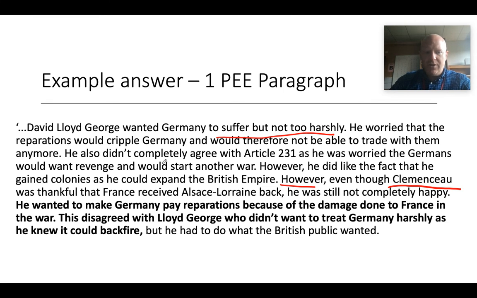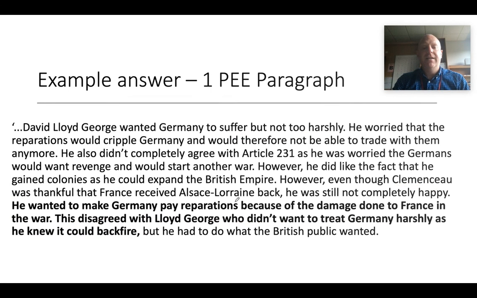And then we start talking about the fact this disagreed with Lloyd George, who didn't want to treat Germany harshly as he knew it would backfire. Okay, so we're talking about what Clemenceau wanted and a direct disagreement with somebody there. So we are talking about a direct link to the question. All right.